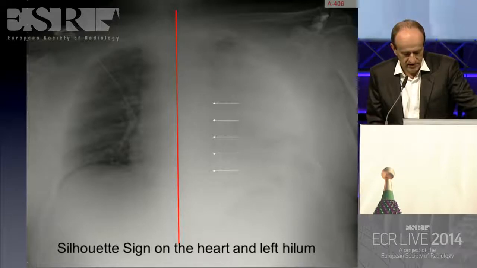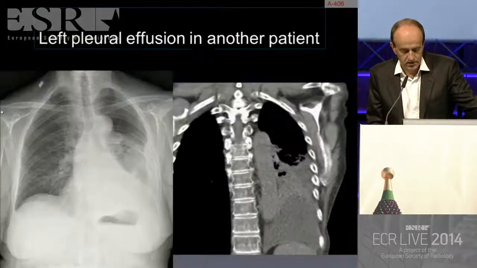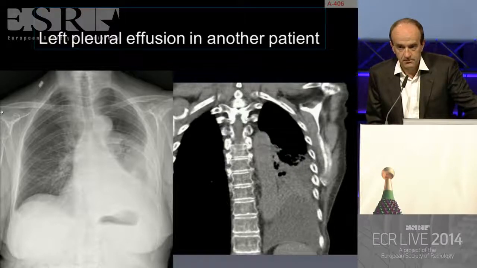So we have a silhouette sign on the heart and the left hilum, no displacement, and we do see the descending aorta. There is no place for large pleural effusion. If we had a large pleural effusion, the descending aorta, as in this case, another case, would be obliterated.